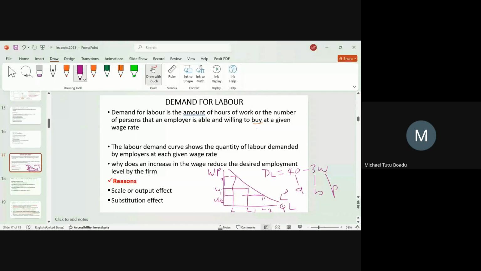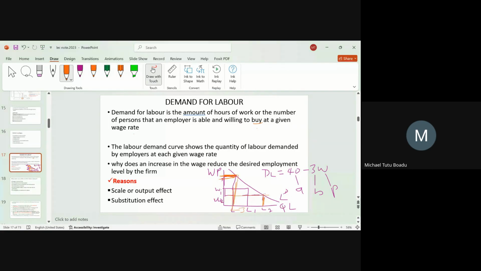Firms reduce the amount of labor to hire or number of people to employ anytime there is a rise in the wage. So that is why you saw that once the wage rate increases to W3, the amount of labor hired also reduces to L3. But once it fell to W2, the amount of labor hired increased.